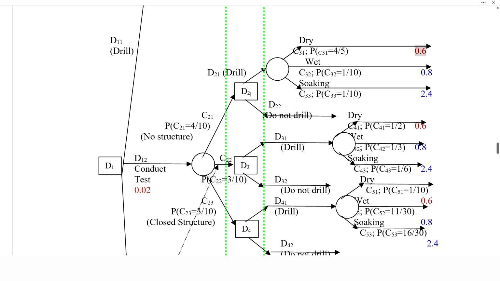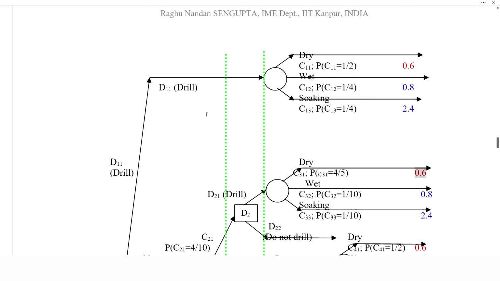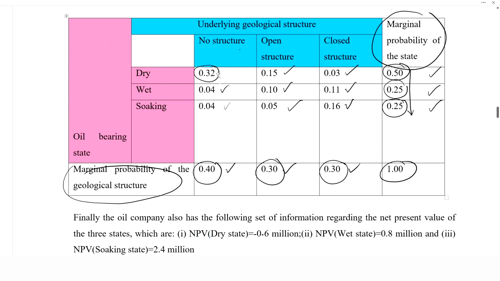These dry states have been encountered after the drilling, and when was the drilling considered? When there was no structure. That means, if I go to the no structure part and consider the concept of drilling, what would it be? With no structure, if I consider this column, the total probability is 0.4.